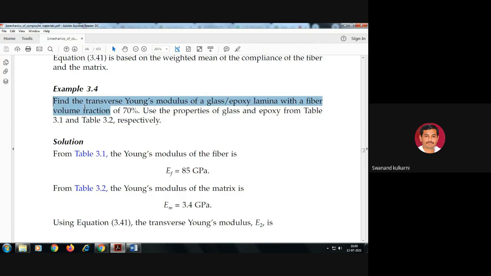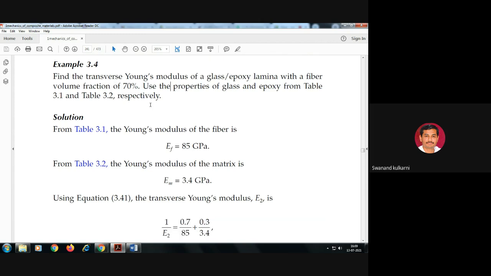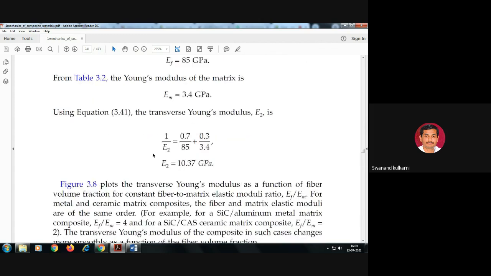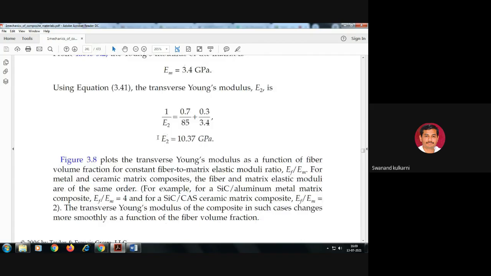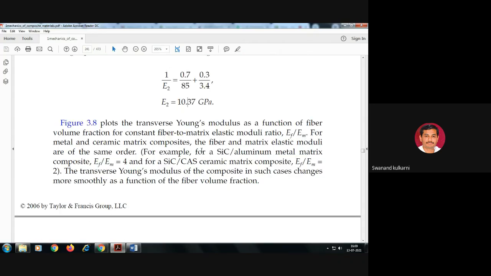Now the previous example is repeated here, but here it is asked to identify the Young's modulus in the lateral direction. Is it okay? So substituting these values, we got Young's modulus in the lateral direction as 10.37. Previously in the E1 direction it was 60 point something, but now it is 10.37. So how can we see the differentiation between these two?